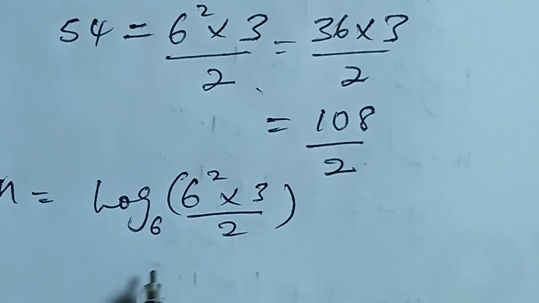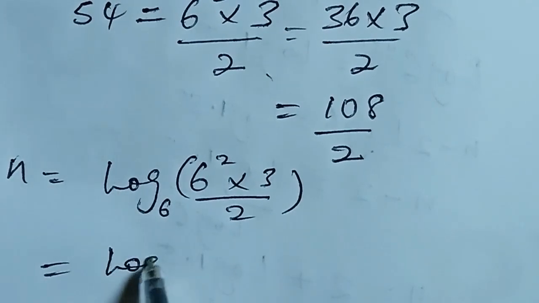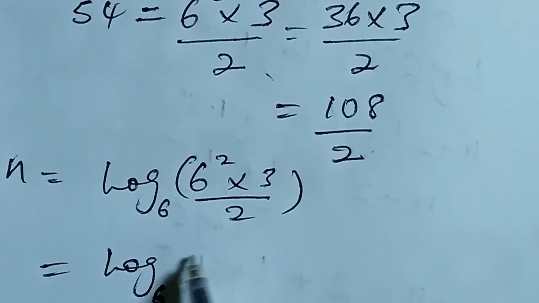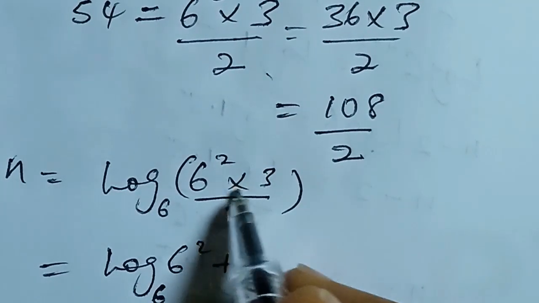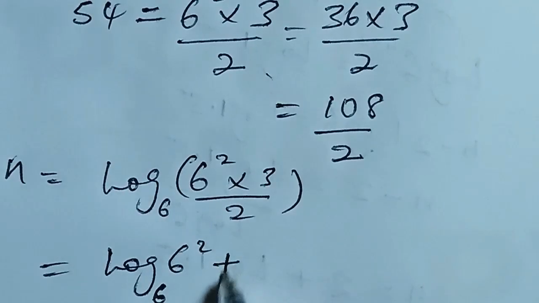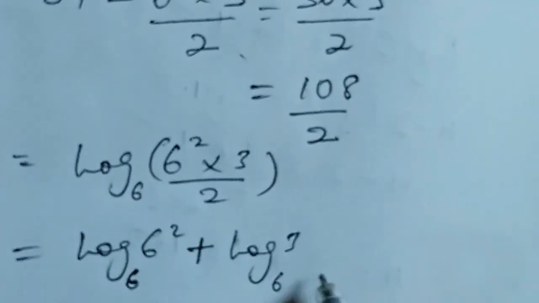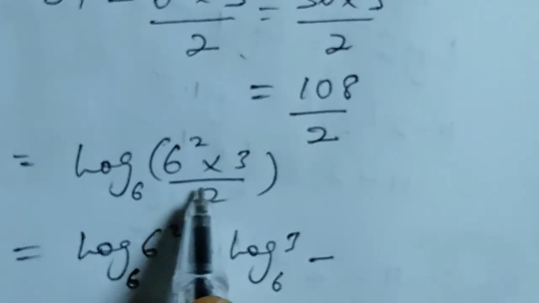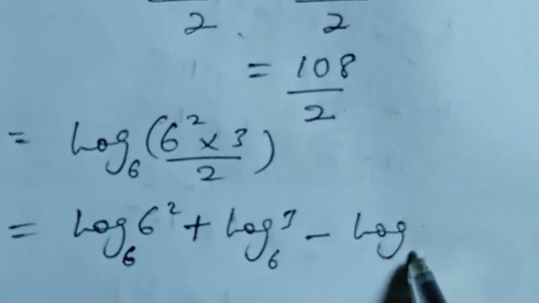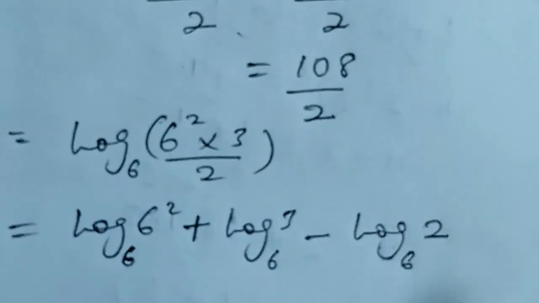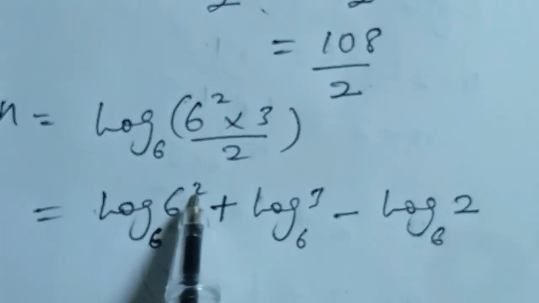So we can split this using the log identity as log base 6, 6 to the power of 2 plus, because of this multiplication, log 3 base of 6, then minus, because of the division, log base 6 2. From here, this power comes down to the base.